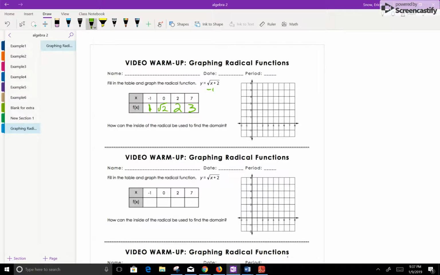So when I plug these in, I get -1, 1, 2, 2, and 7, 3. So it kind of looks like this.